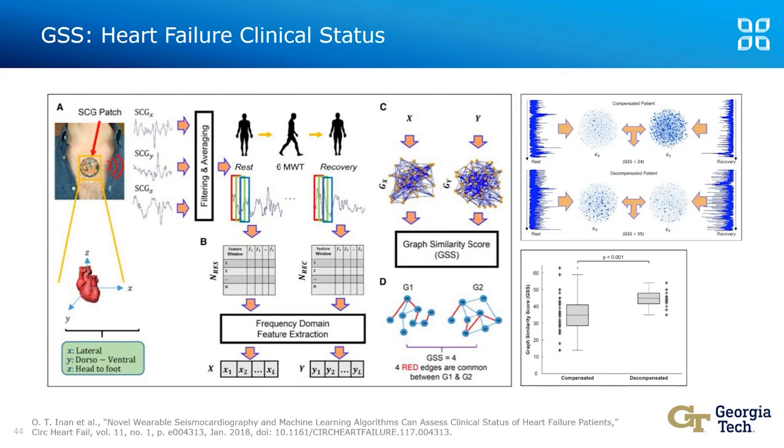So essentially there was a fixed dose of activity, and we measured the changes in the parameters in response to that dose of activity. And that ended up being much more sensitive than the signals measured at rest themselves. And we were able to differentiate between decompensated and compensated heart failure patients just from their mechanical aspects of heart function measured through the wearable accelerometer and how that changed with this prescribed activity.